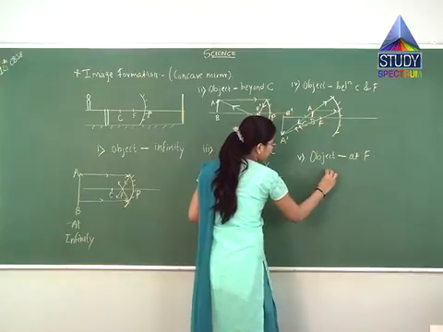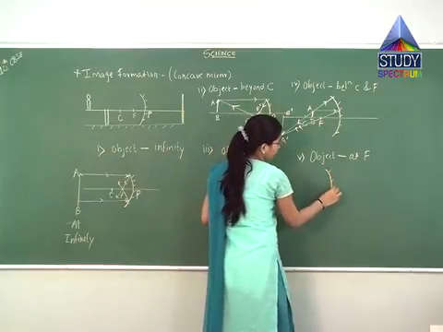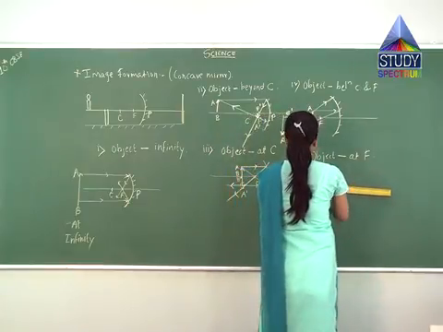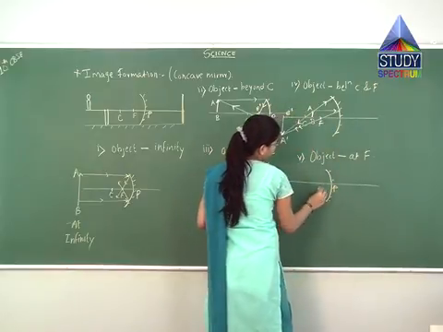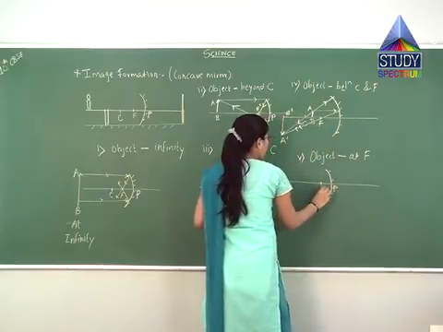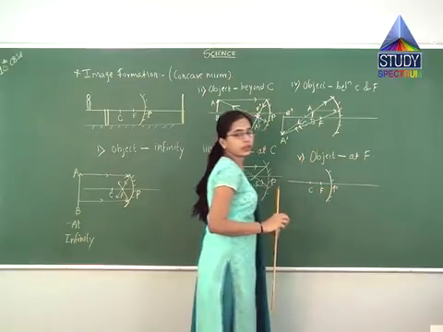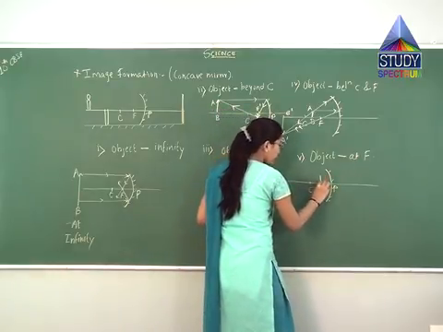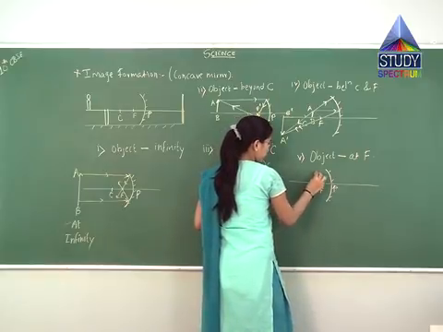So again, this is my concave mirror, principal axis, focus, center of curvature. Now we are putting our object at point F, so it is AB.